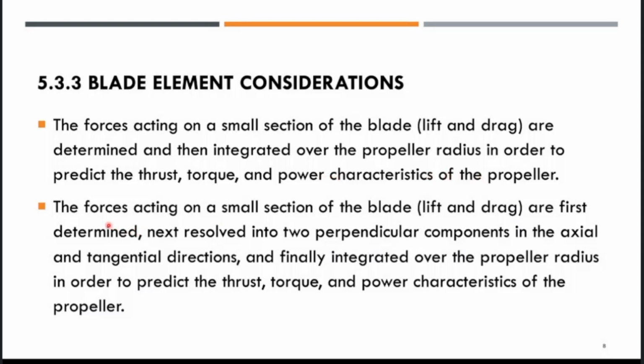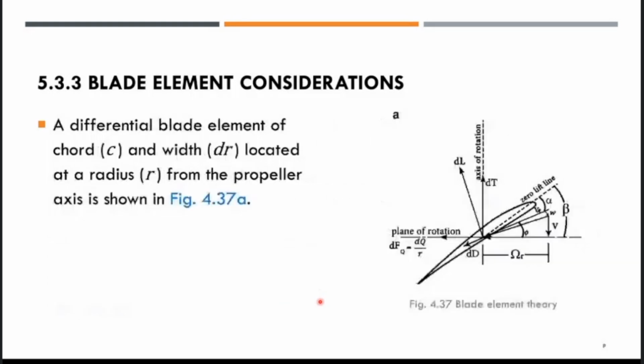So the forces acting on a small section of the blade, the lift and the drag force, are first determined, and next resolved into two perpendicular components in the axial and tangential directions, and finally integrated over the propeller radius in order to predict the thrust, torque and power characteristics of the propeller.